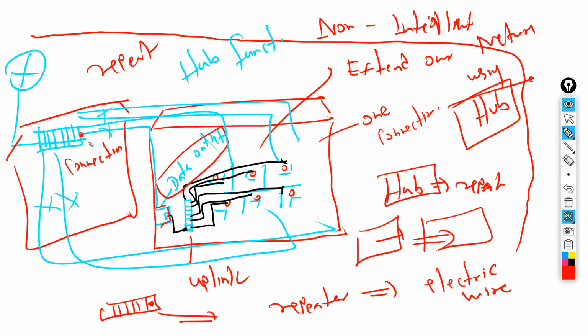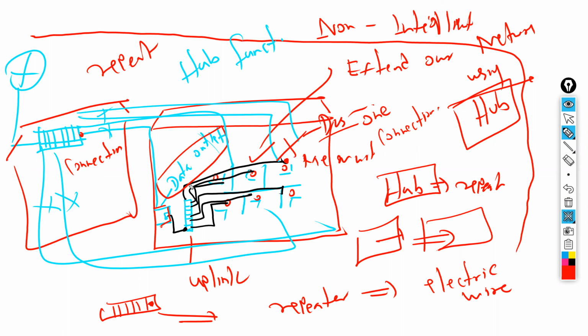That means once the data comes, that data will be sent to all the computers, not only one computer. And the computer only decides whether this belongs to me or not. If not, it will discard it. If it has their address, it takes it.